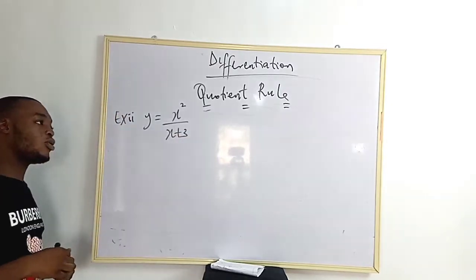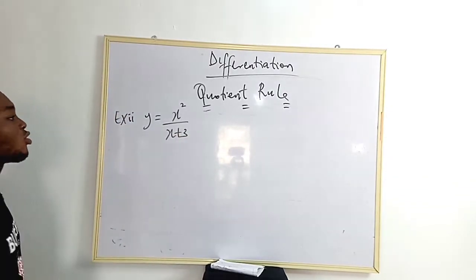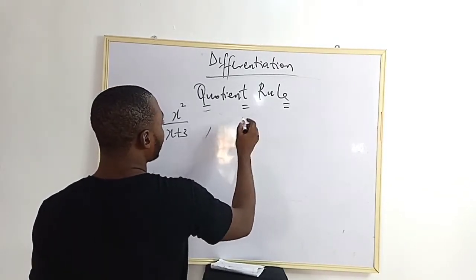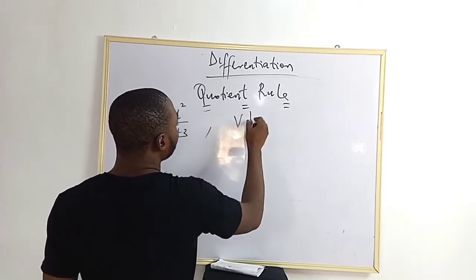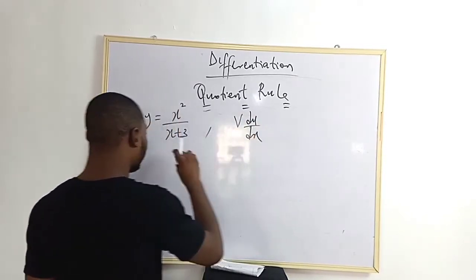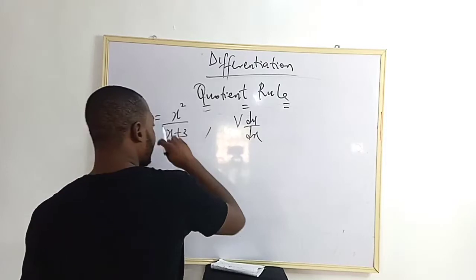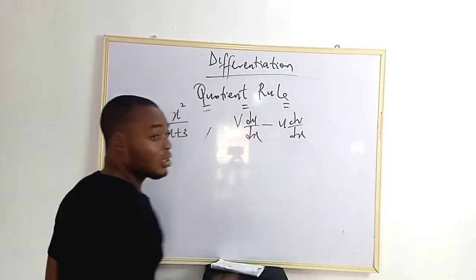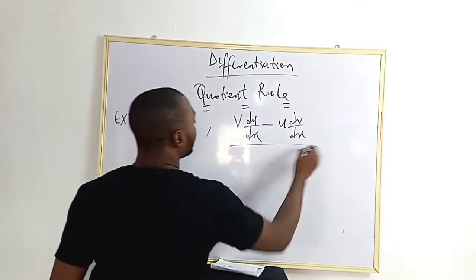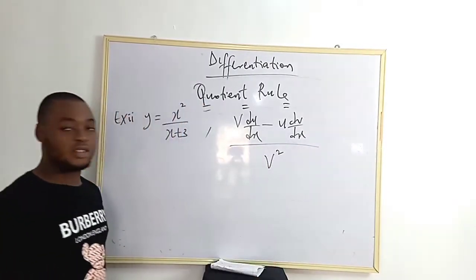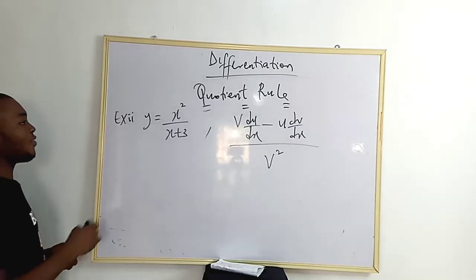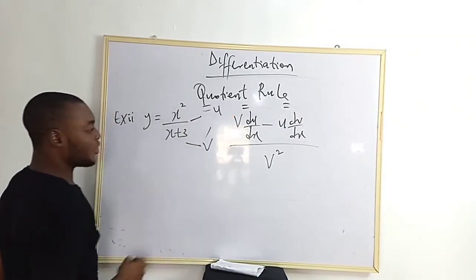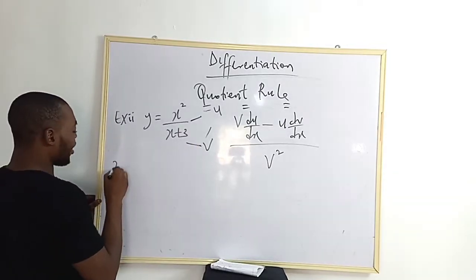To use the quotient rule, remember, v du/dx: you pick the one in the denominator first, you differentiate the u, minus u dv/dx, all over v squared. Here x squared is our u, x plus 3 is our v. So pick your v, x plus 3.